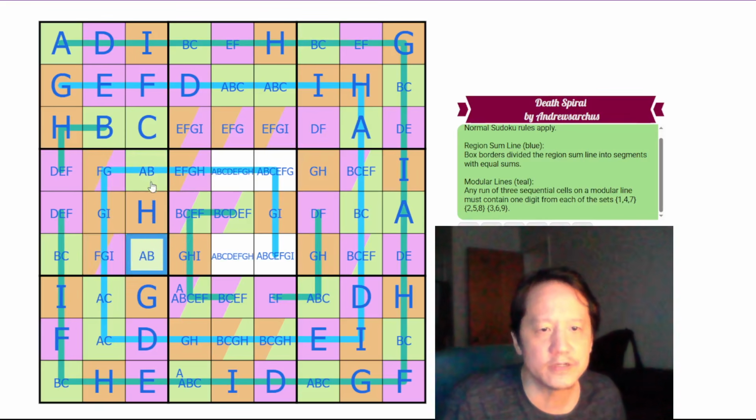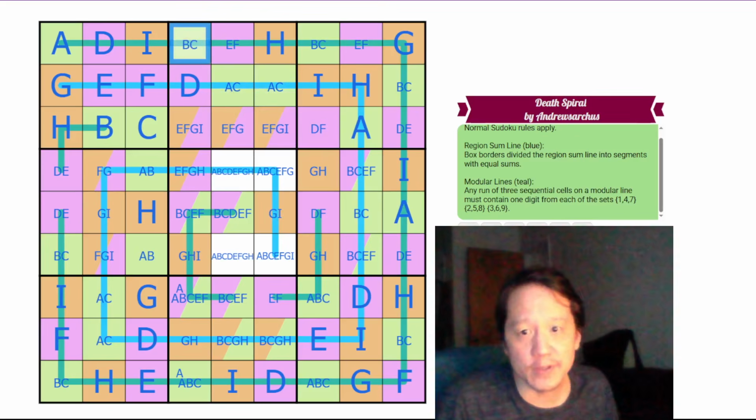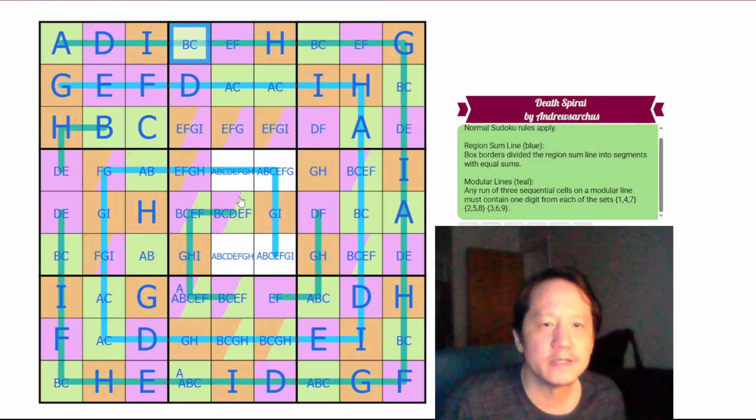This is not D or E, it's A or B. So this is FGI, no FGI here. This is D. This is AC as a pair with D. This can't, then that must be AC here. So this can't be C. It's B. That eliminates B from the rest of the column.